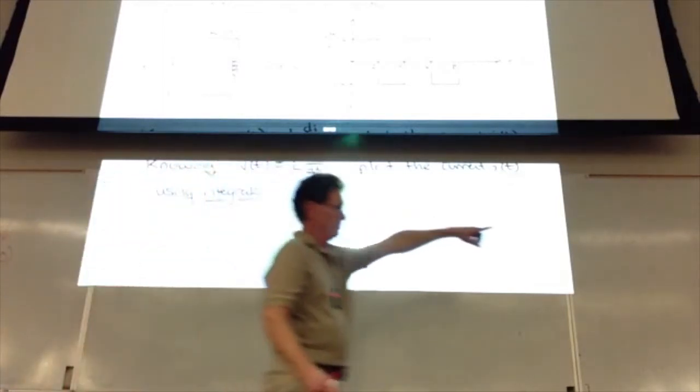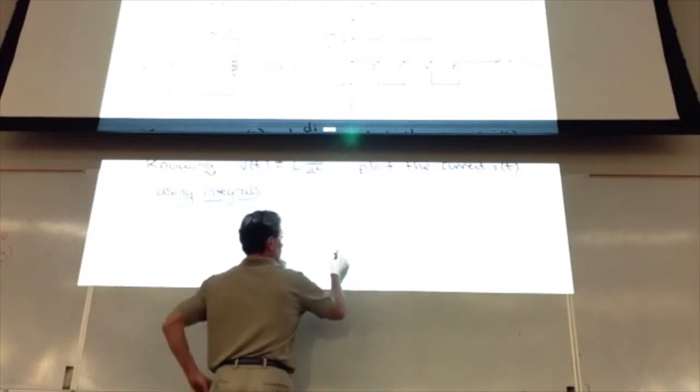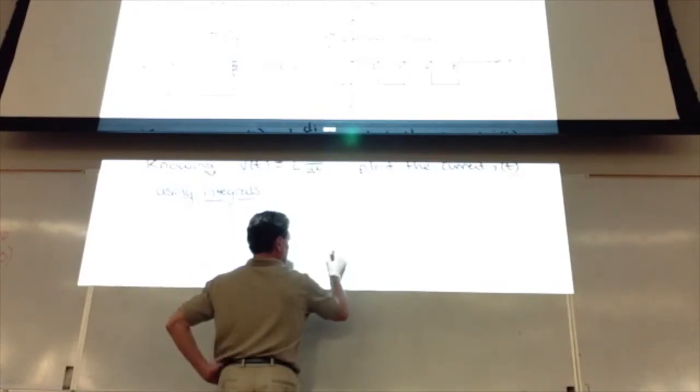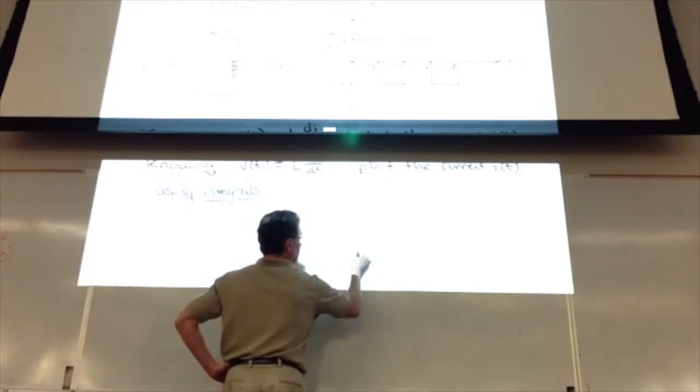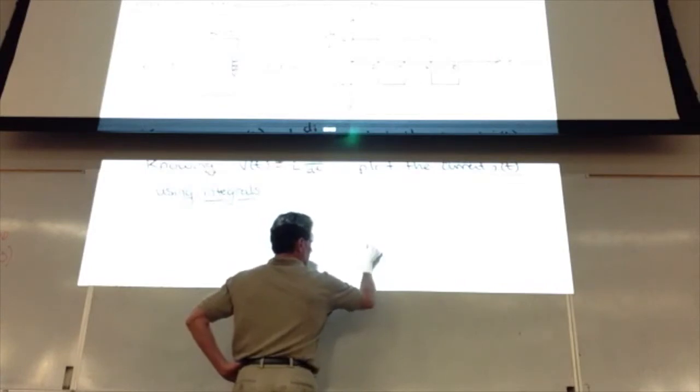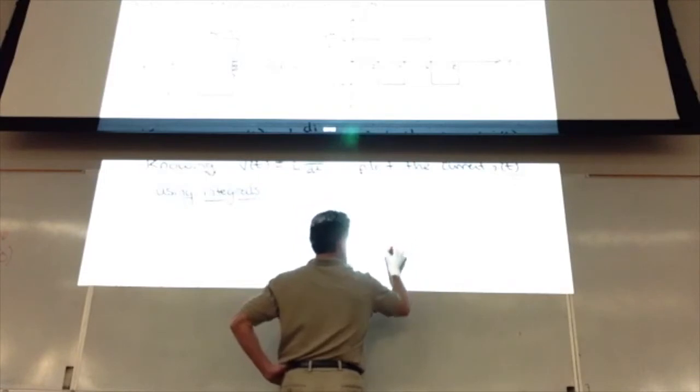Where do we find I at t equals 2? That comes from here. I at t equals 2 is right here, which happens to be 36. So I of t is going to be equal to, again, 1 over 500 times 10 to the minus 3, which is going to give me a 2. That gets multiplied by minus 9. And now we have the integral of dt evaluated between 2 and t, plus I at t equals 2, which is 36.